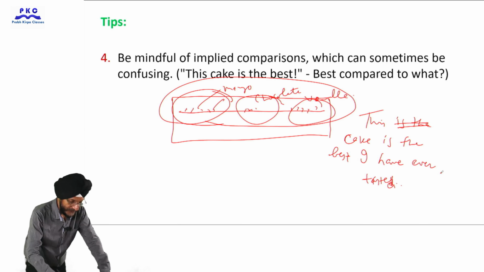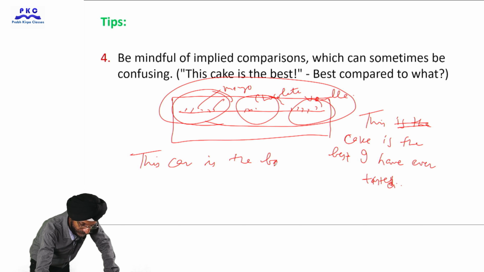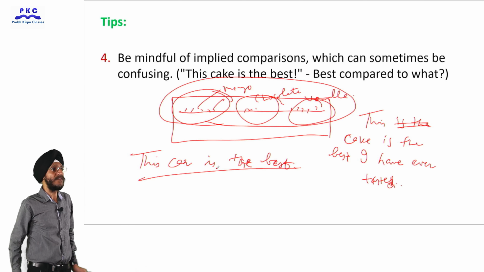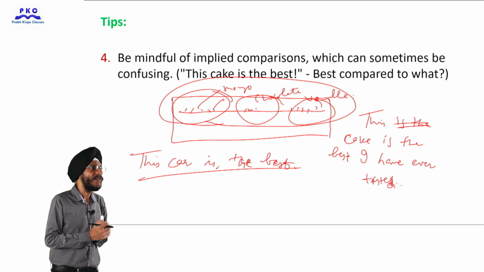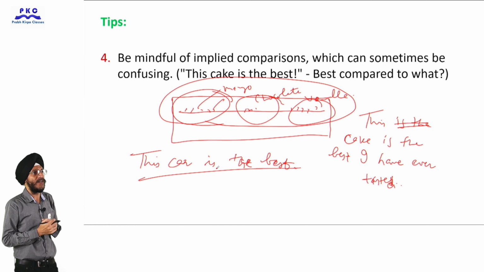So if we simply say that this car is the best, this is an implied comparison, but it does not show the many varieties of cars.